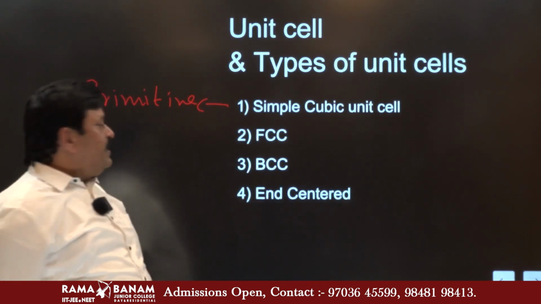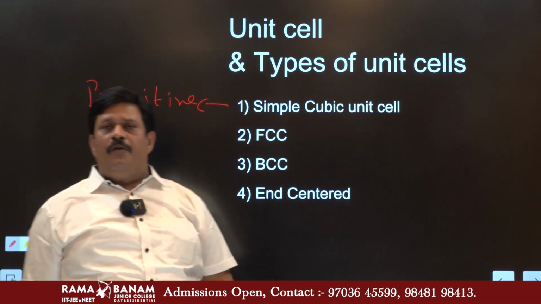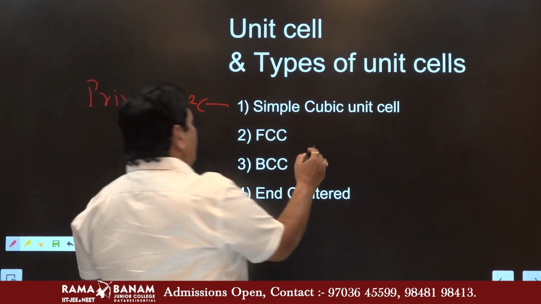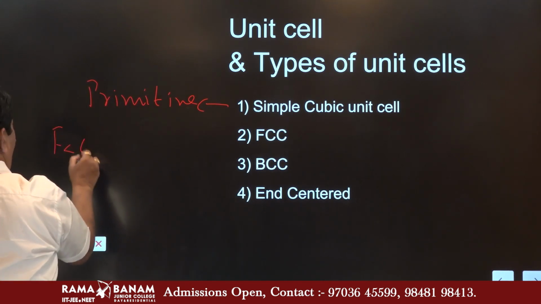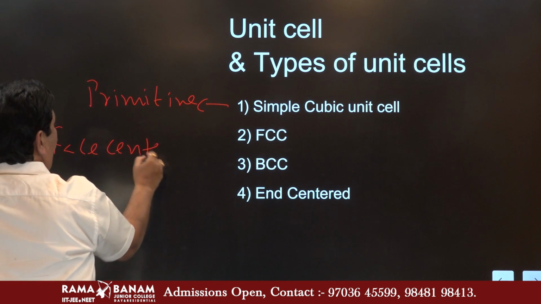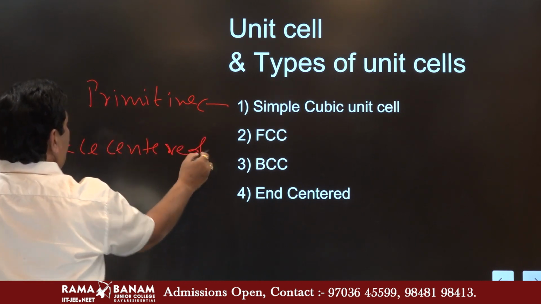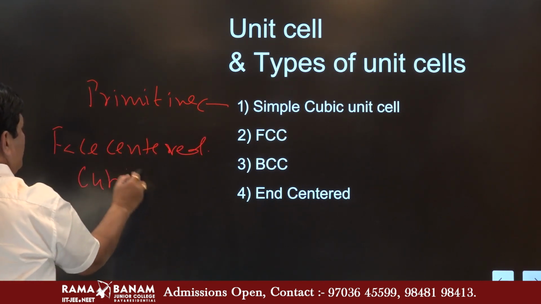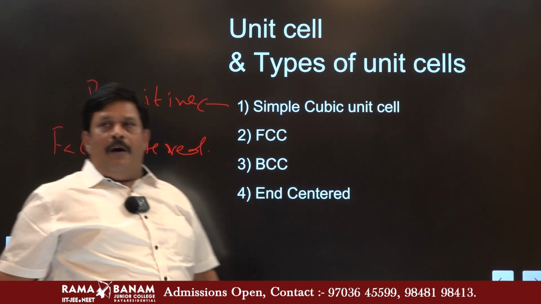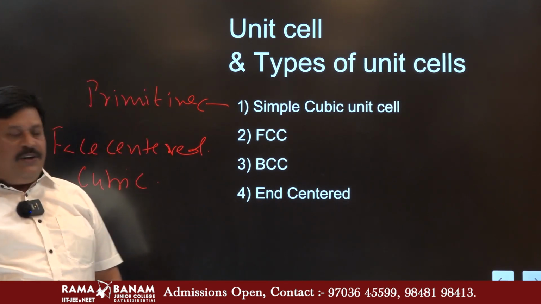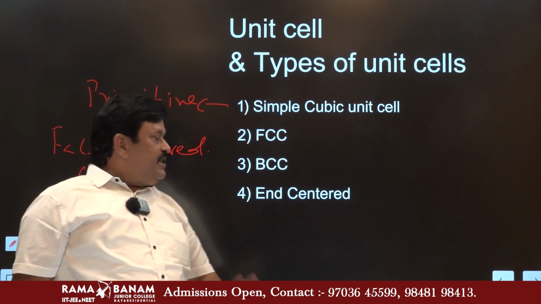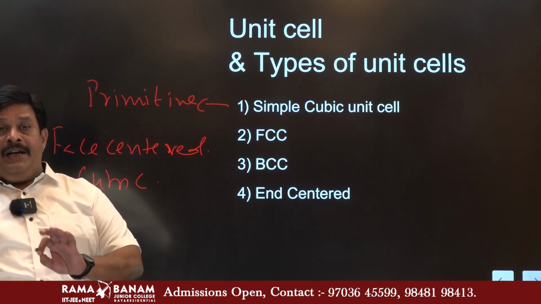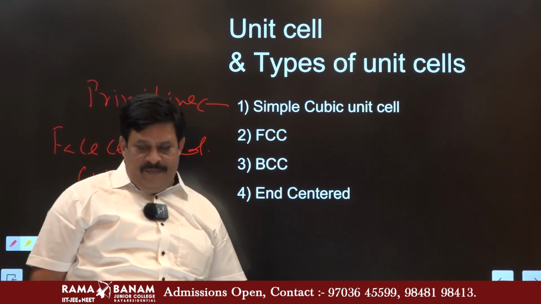And second one is FCC. FCC full form is face centered cubic unit cell. BCC is nothing but body centered cubic unit cell, and fourth one is end centered cubic unit cell.